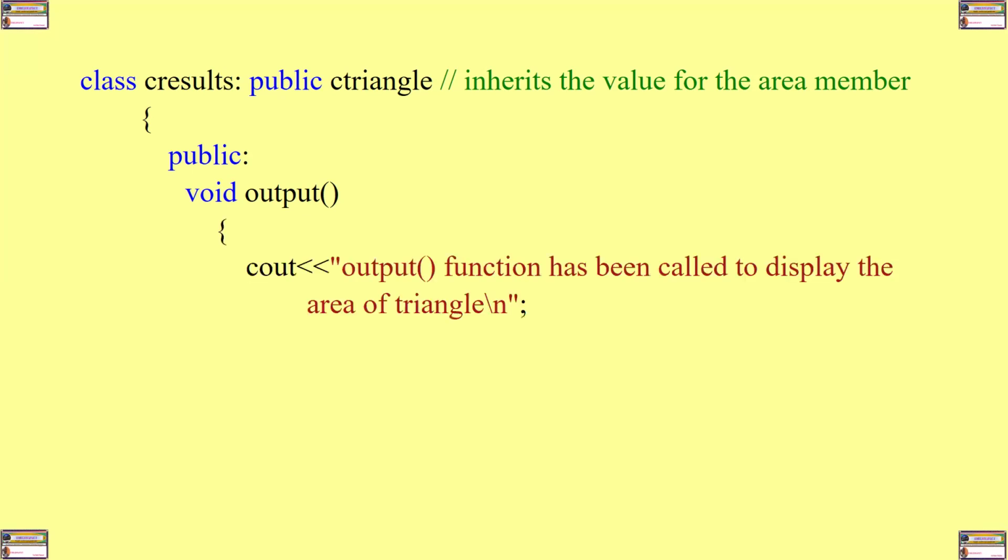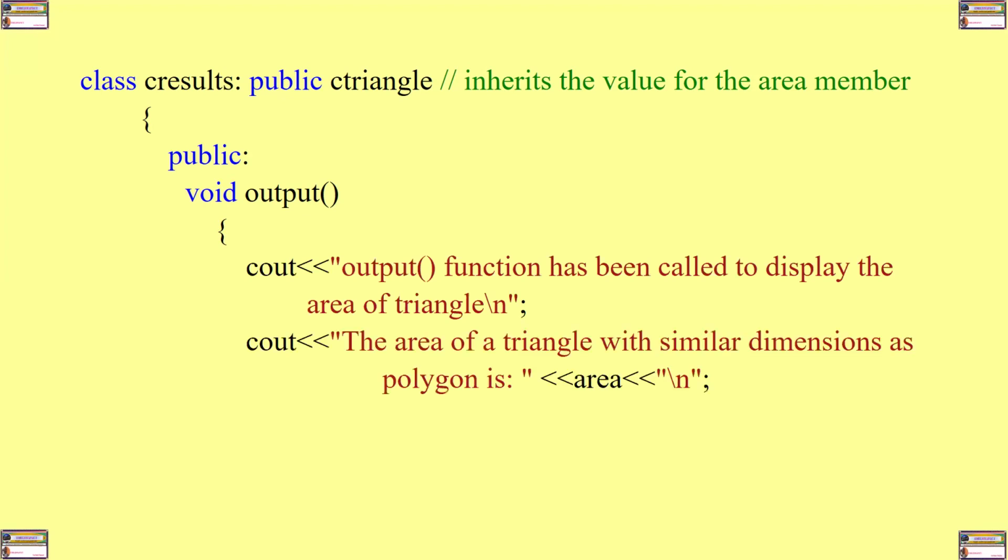What is this going to do? The first statement to display on the screen once executed is to inform you that the function being invoked is the output function. So output function has been called to display the area of triangle. This is what will be displayed on your screen. Next, the statement: the area of triangle with similar dimensions as polygon is.